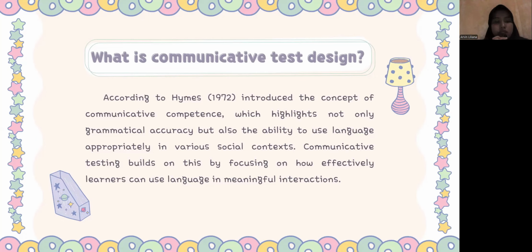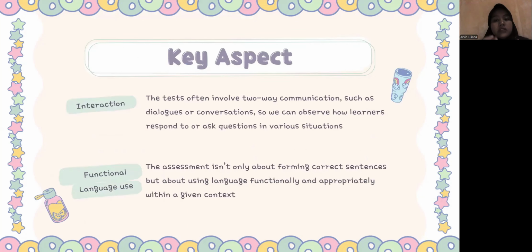In communicative testing, the focus is on meaningful interaction and real-life situations. The aim is to evaluate whether learners can communicate effectively outside the classroom, such as in daily life or workplace settings. So these are the key aspects of communicative test design. The first is interaction.